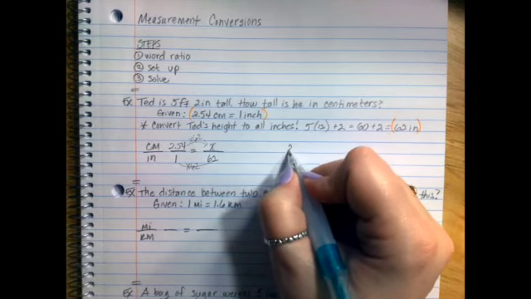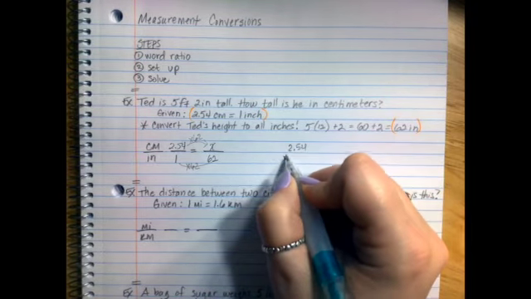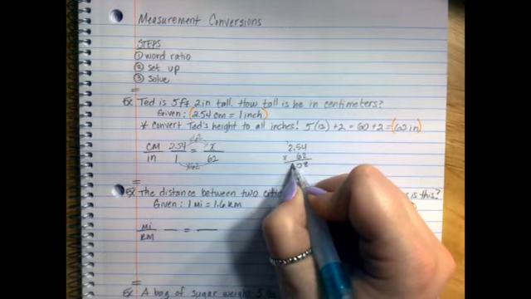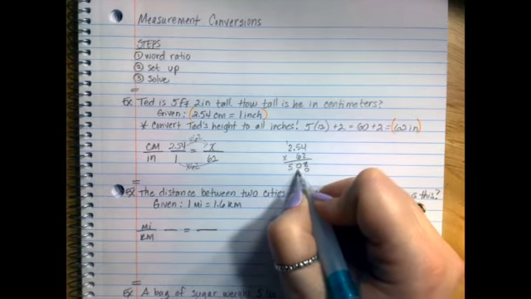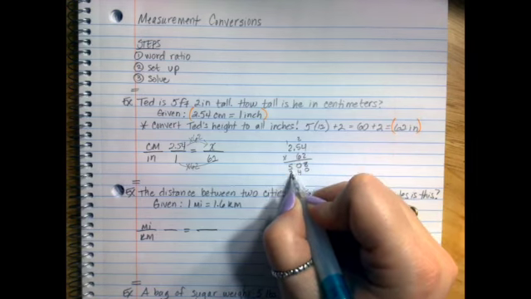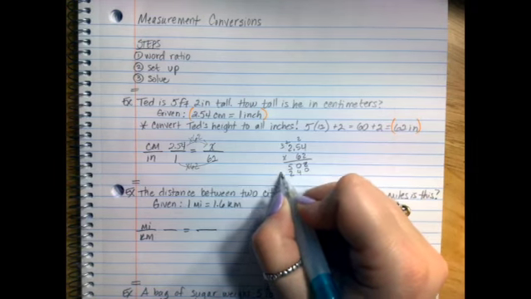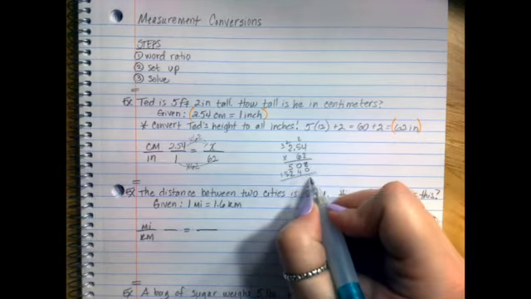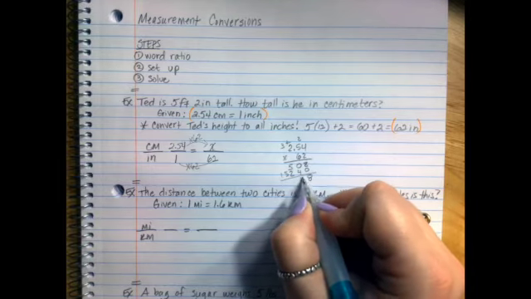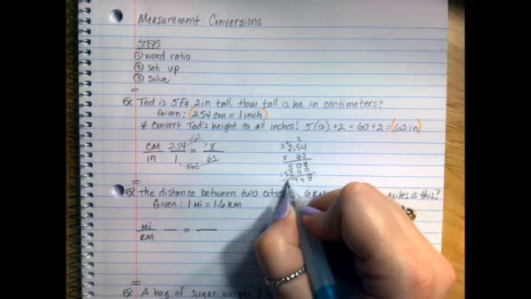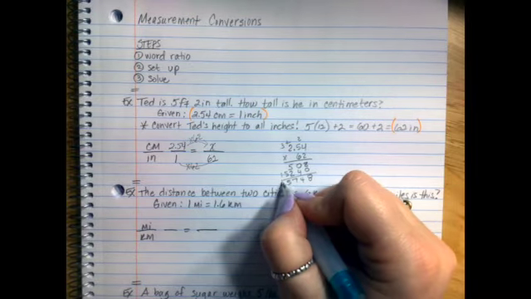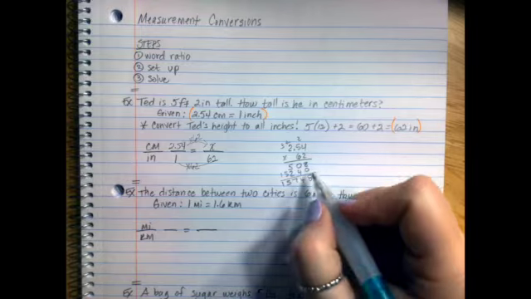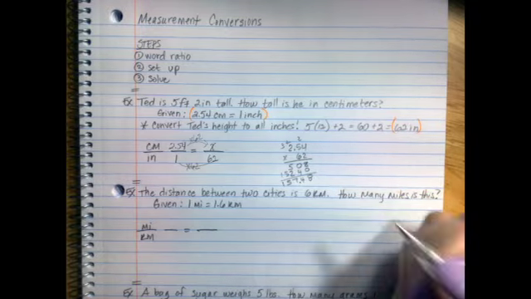So come over here, 2.54 times 62. Right, 2 numbers behind the decimal, 2 numbers here.